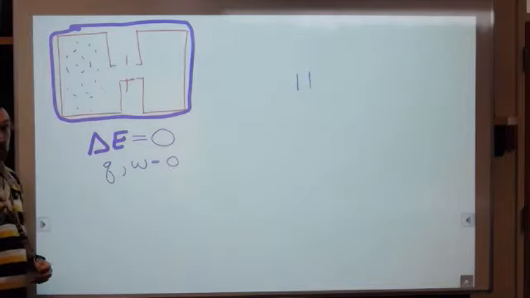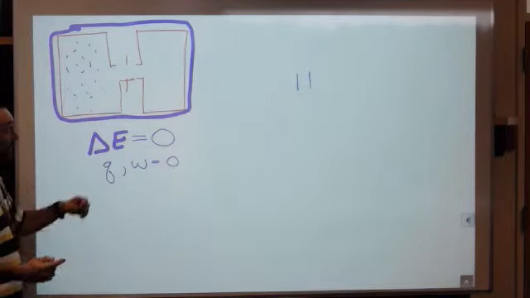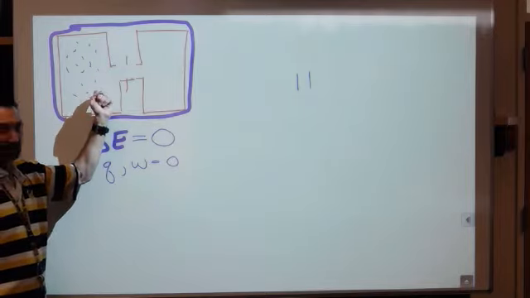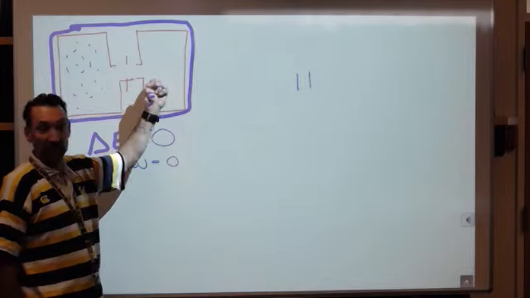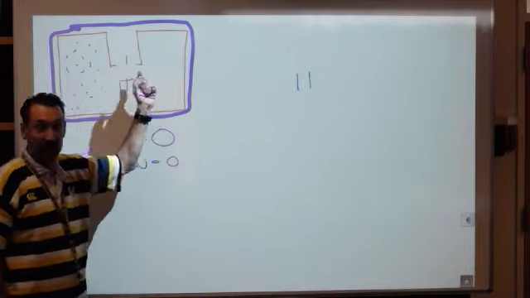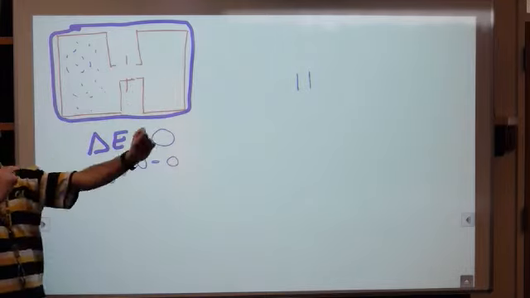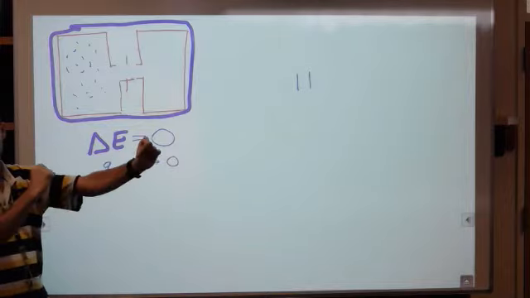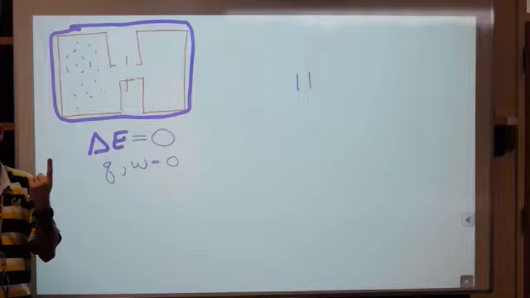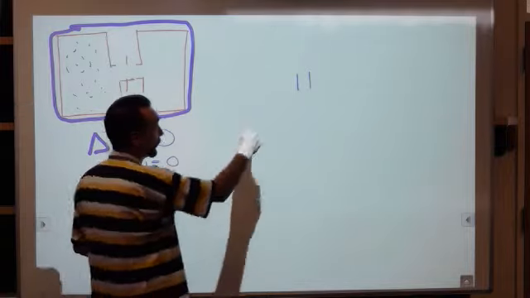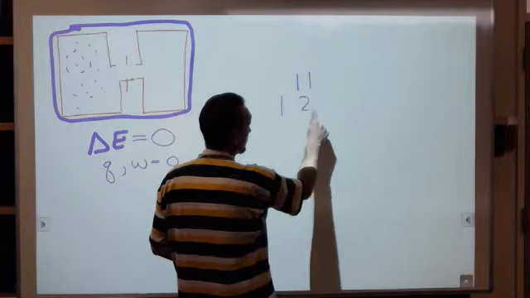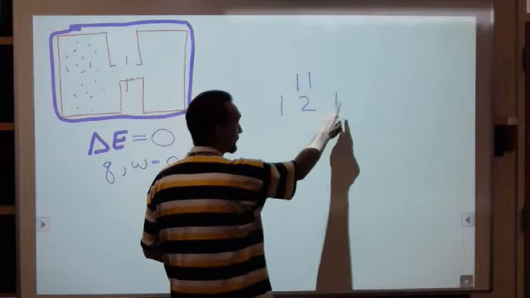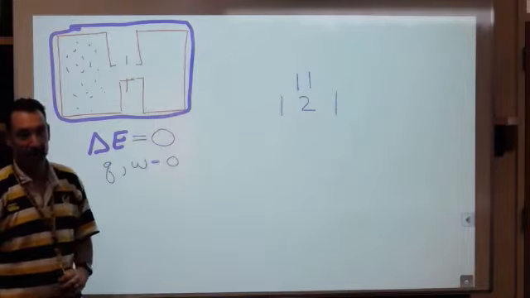If there are two particles, there's one way to have them both on this side, there's two ways to have them on both sides, and one way to have them both on the other side. So if both sides are available, there's two ways to do it. So we can write that 1, 2, 1.